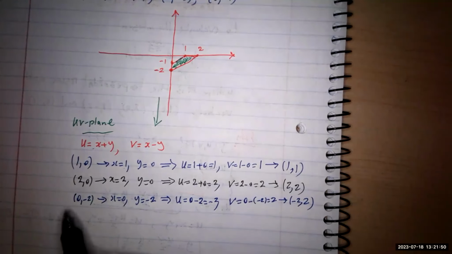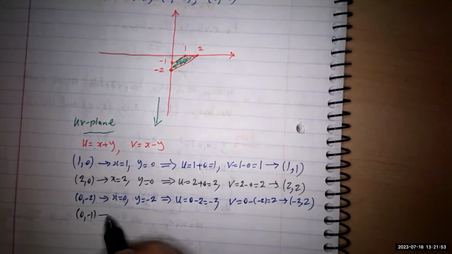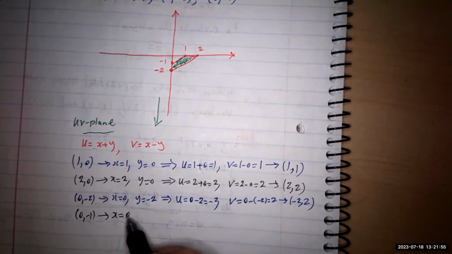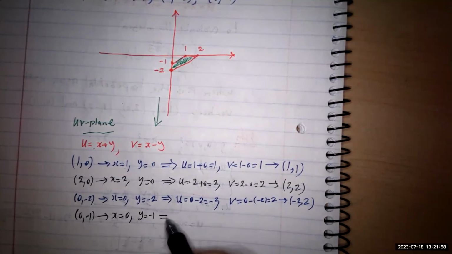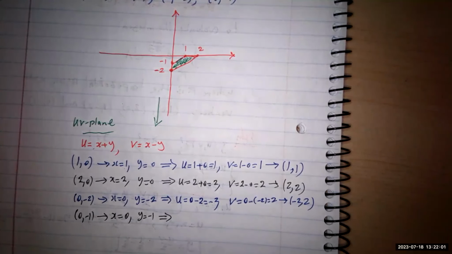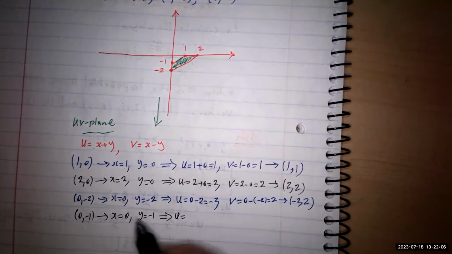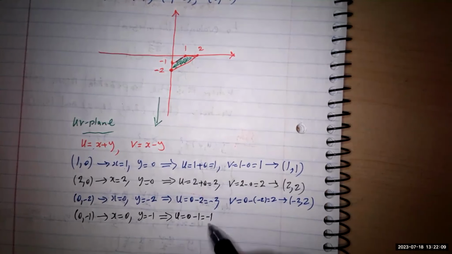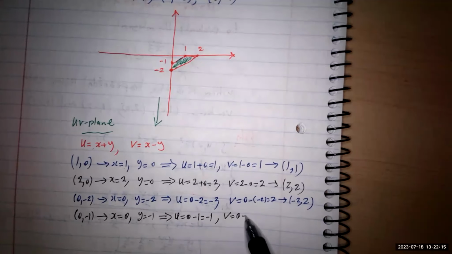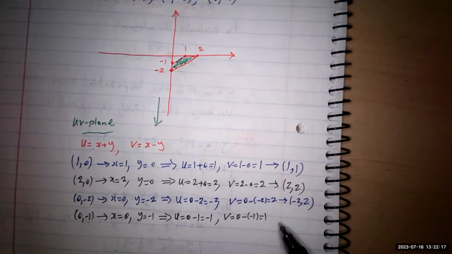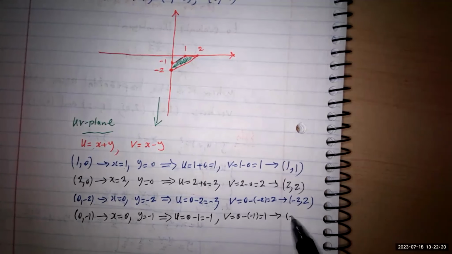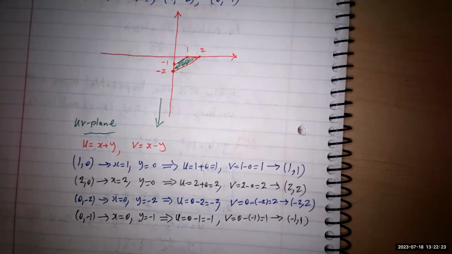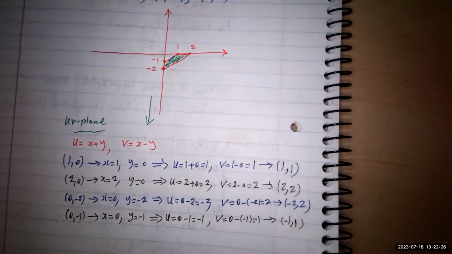Last point, 0, negative 1. This means X is 0, Y is negative 1. Your U would be X plus Y, 0 minus 1, which is negative 1. And your V is X minus Y, 0 minus negative 1, which is 1. So that gives you the point negative 1 and 1. That's it. So locate these points in the UV plane.